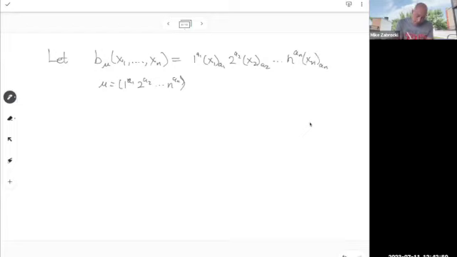And the falling factorial I'm talking about is x times (x minus 1) down to (x minus k plus 1).